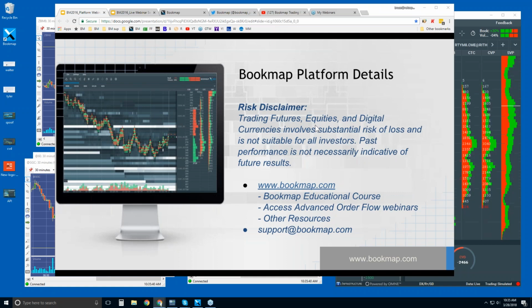And we anticipate future price movement based on our analysis in those webinars. And all of those webinars are based on the content in the educational course. So the concept is you can learn about Bookmap and order flow in the educational course and then see it every single day played out in the live market.